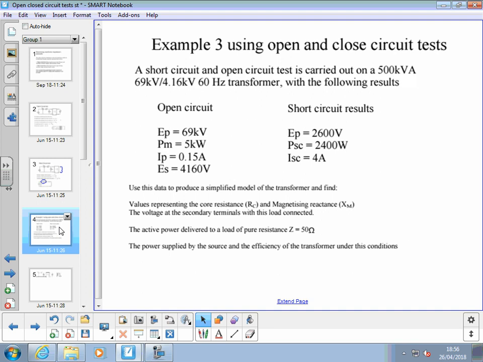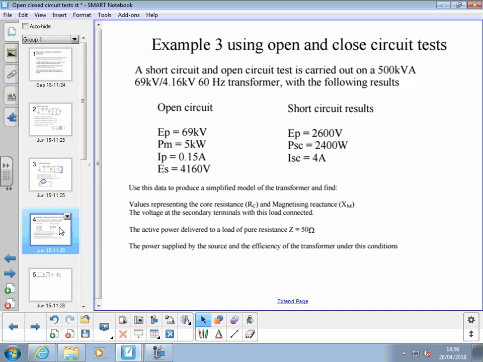And then the short circuit tests: primary voltage 2600, so you can see a much lower voltage applied to keep the secondary current down. Power short circuit is 2400, and the short circuit current in the primary 4 amps.